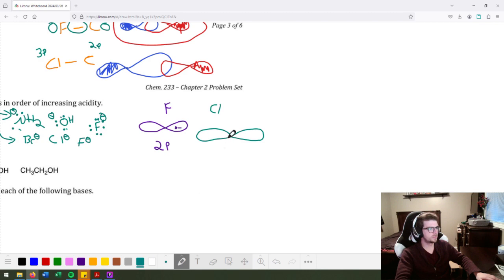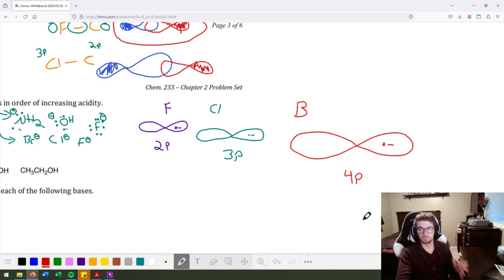So chlorine is going to have its extra electron in a 3p orbital. And then bromine has its extra electron in a 4p orbital.